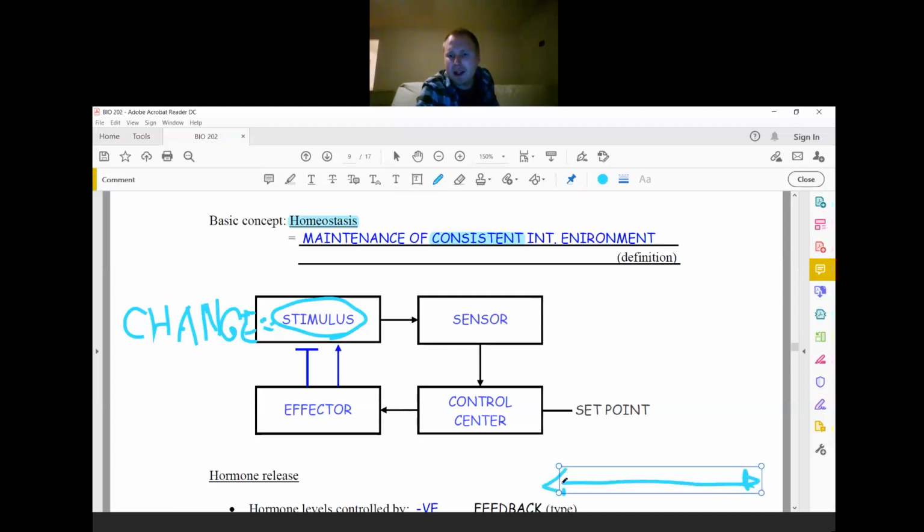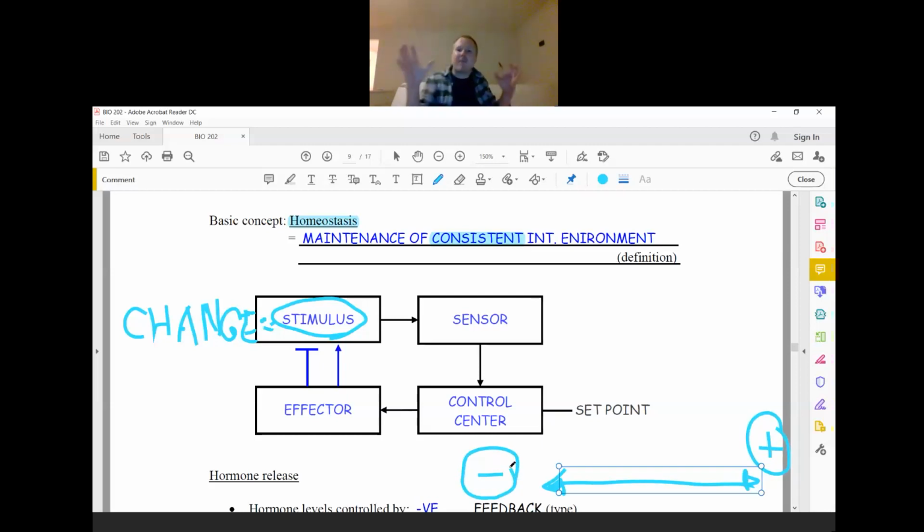So on this line, you can imagine a scale of different temperatures. We have very hot temperatures up here and very cold temperatures down here. And your body needs to be kept within a certain range of temperatures. And if it changes from that range, then there's a need for the homeostatic control mechanism loop to kick in.